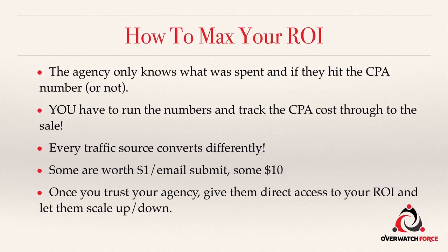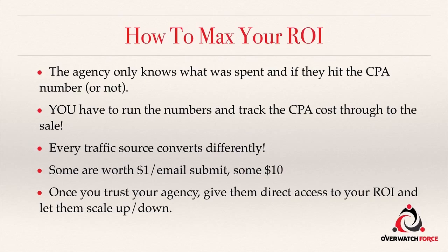But here's the big aha that I had a while back. Once you trust your agency, just give them direct access to your ROI reports and let them scale it up or down. For example, they might notice that your Google search traffic for a particular offer is worth a $5 CPA. You don't want to hold them back at a continued $3 CPA, because they can ramp it up and go get you more leads.